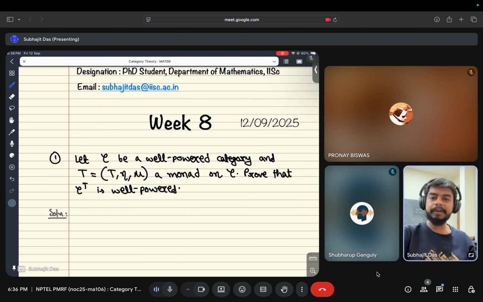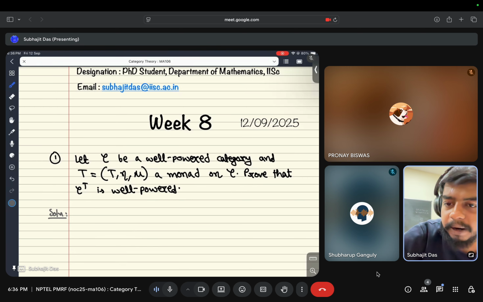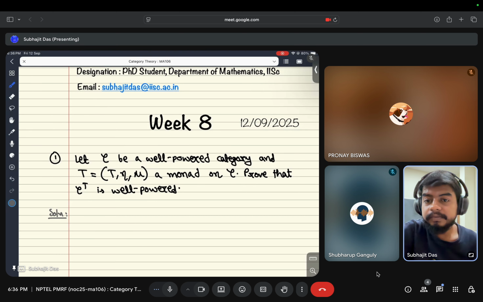Okay, so let C be a well powered category and let T be a monad on C. Then you need to prove that C^T, the Eilenberg-Moore category, is well powered as well. What can we do?